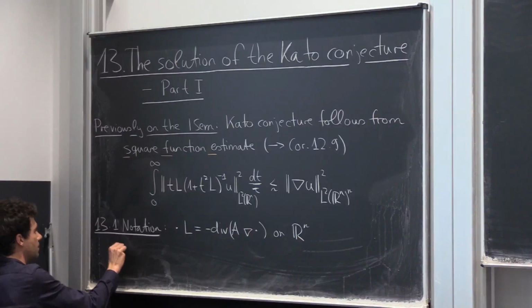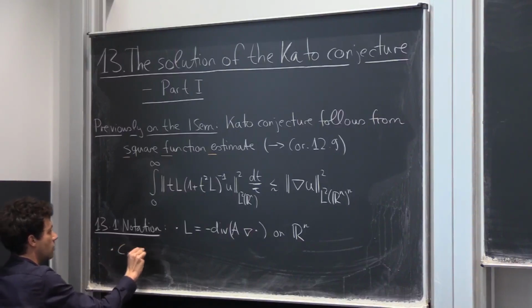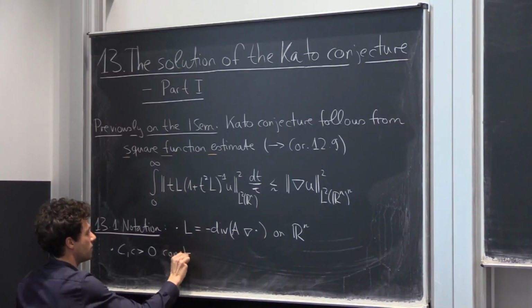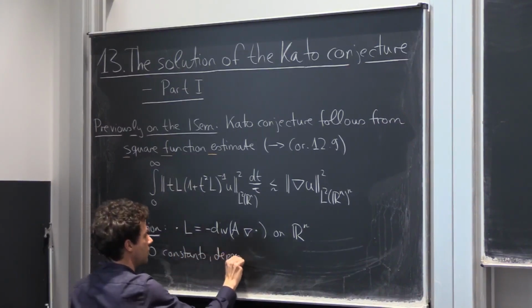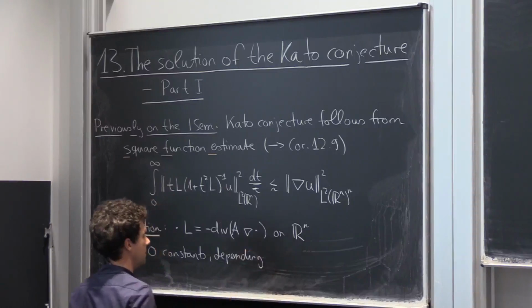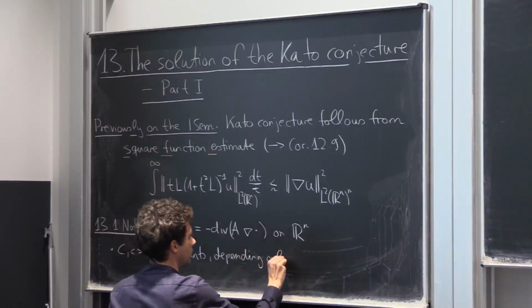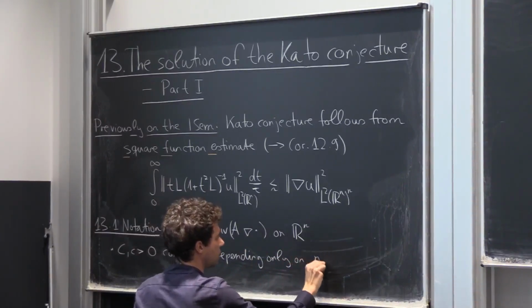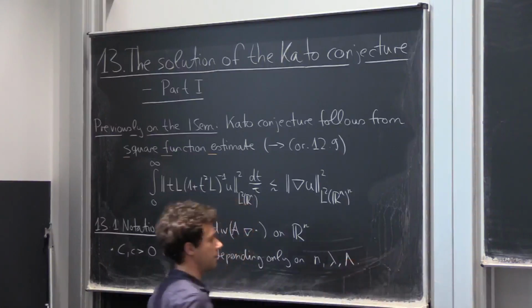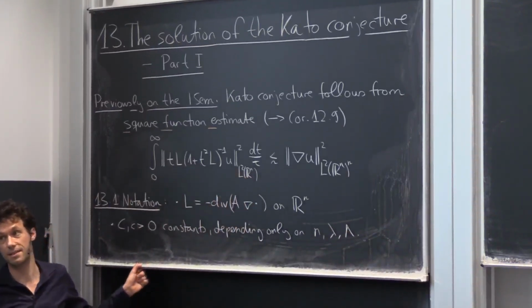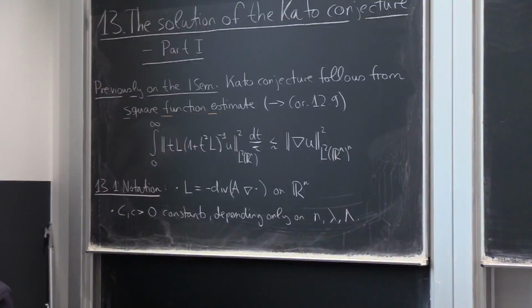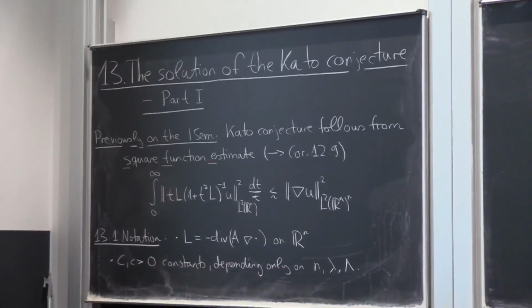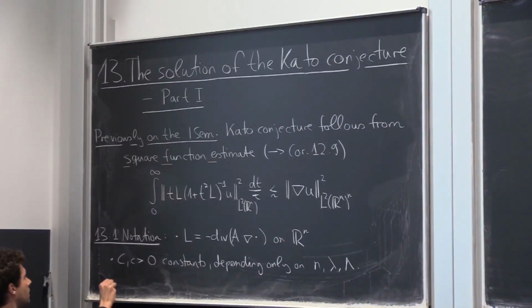Okay, then sometimes I'm going to use constants C and c. These are always positive constants in my estimates, and they should depend only on dimension and ellipticity. So whenever I write a statement with a capital C or c, there's going to be one of these constants. For example, the constants that appear in off-diagonal estimates you've seen in lecture 11.